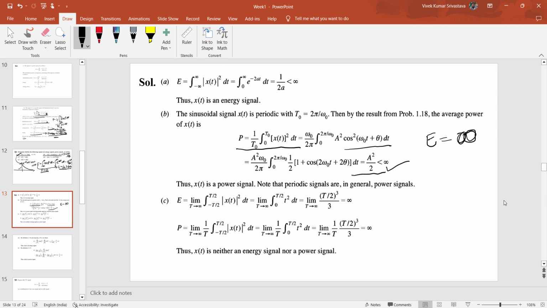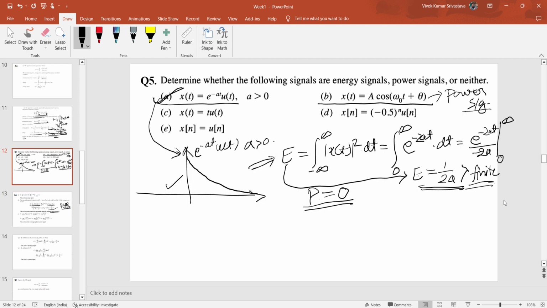So for a signal having power finite and energy infinite, we can say that this kind of signal is a power signal.